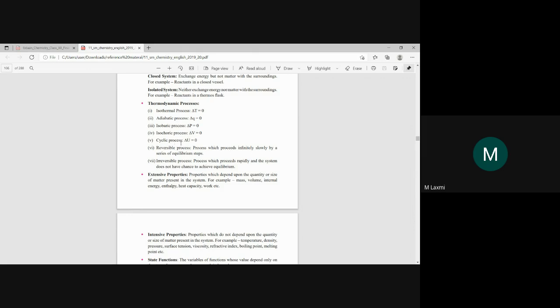In cyclic process, change in internal energy is equal to 0. What is internal energy? Internal energy is the sum of all energy possessed by a system. It includes translational energy, rotational energy, potential energy, kinetic energy, etc. You can determine only delta U, but internal energy cannot be determined directly.